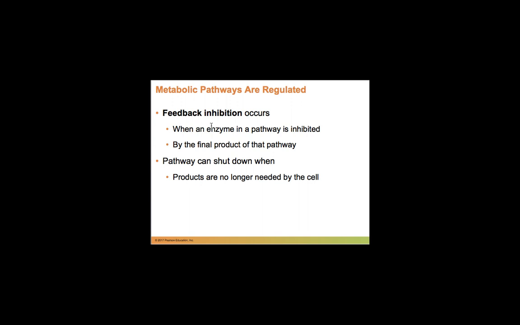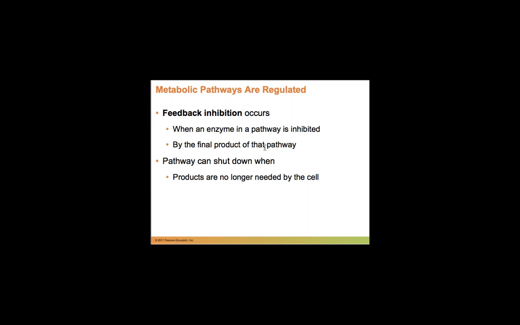During feedback inhibition, you're going to have one of the pathways get inhibited based on one of the products. So if we have too much product, right? Let's say we just formed way too much monosaccharides. We broke down glucose, we broke down like the cellulose. We have too much glucose floating around.